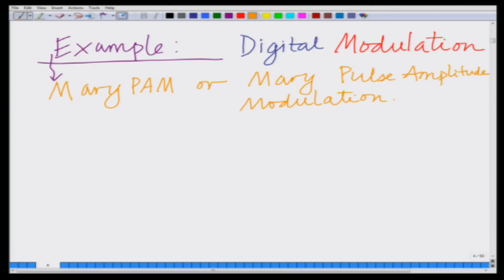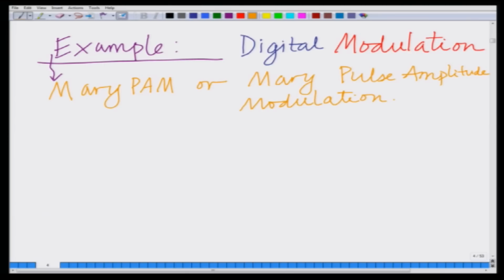To illustrate this concept of sample space, let us look at this digital modulation constellation, which is an M-ary PAM. Some of you are already familiar with digital communication and must know this. This is M-ary pulse amplitude modulation, where you choose from one of several amplitude levels to convey information.